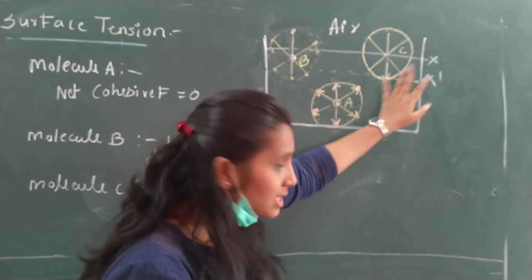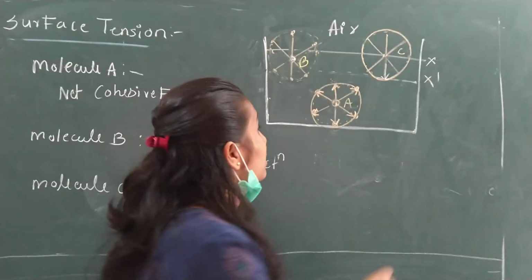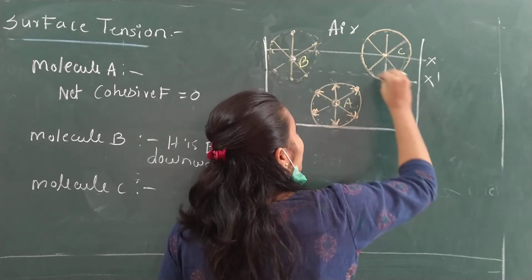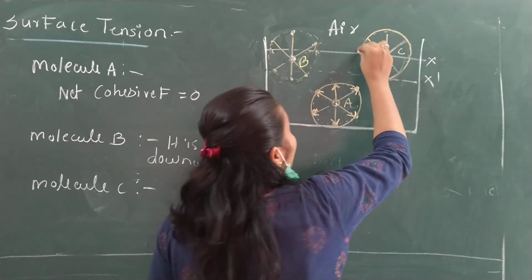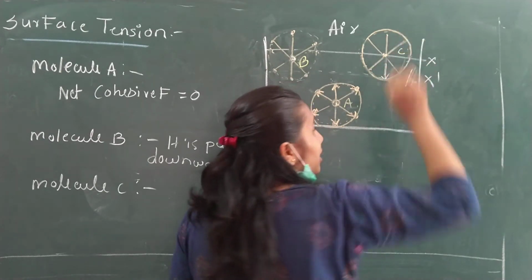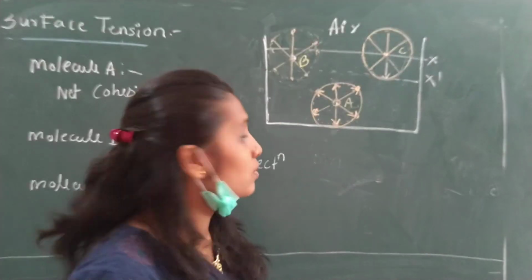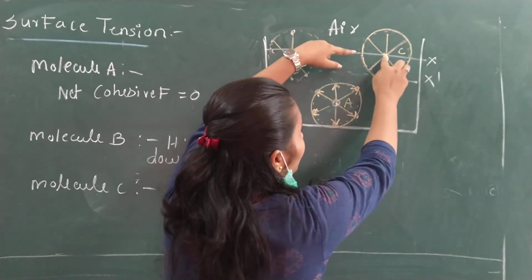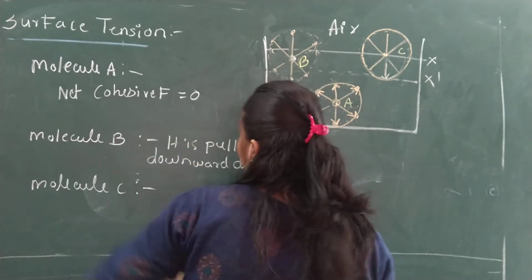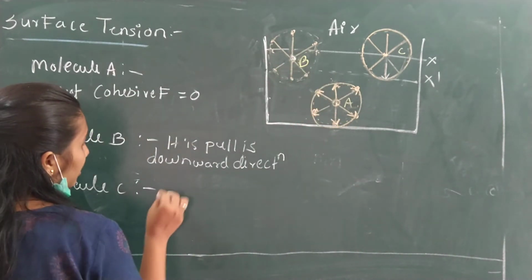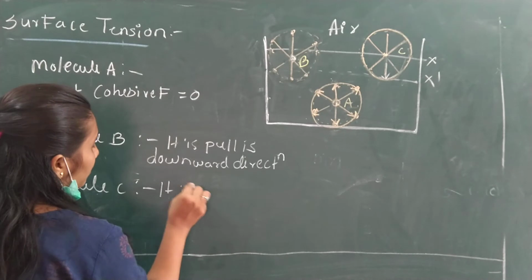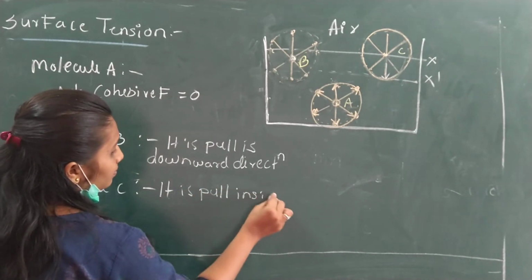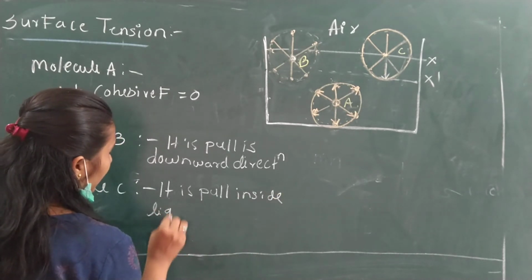Means, I can say in this case, in C molecule, the amount of cohesive force exerted by the water molecules will be greater than the amount of adhesive force exerted by air molecules. So again, if the cohesive force is greater, obviously it will try to pull C molecule inside the liquid. So again, molecule C is pulled inside the liquid in downward direction.